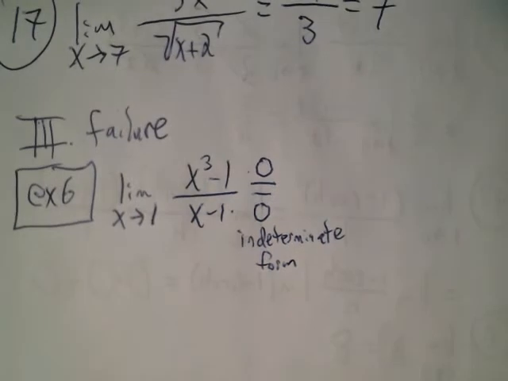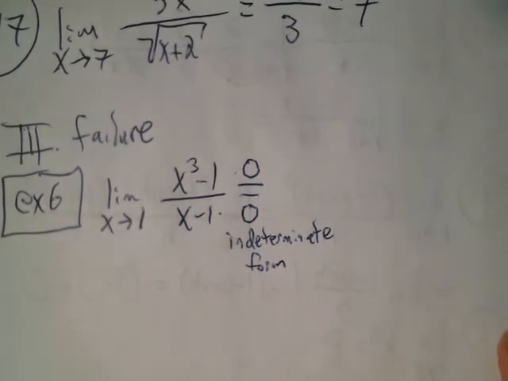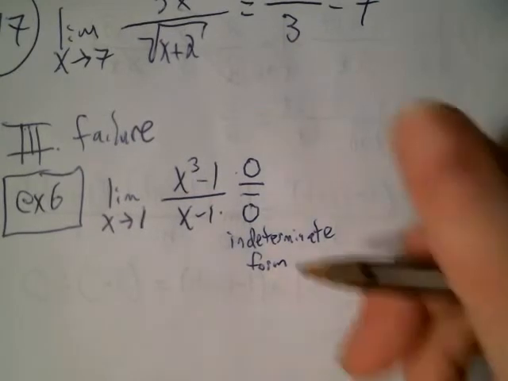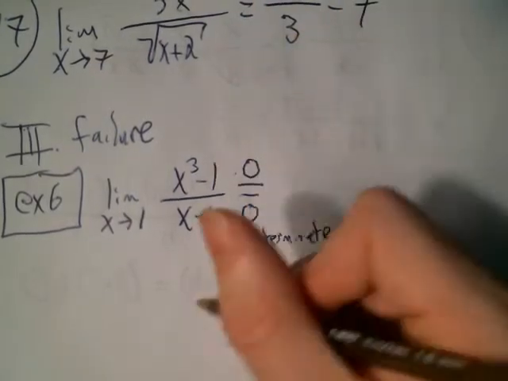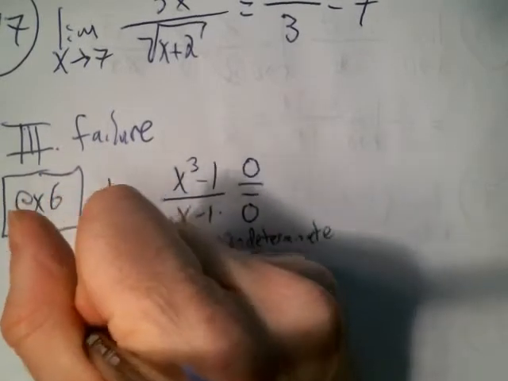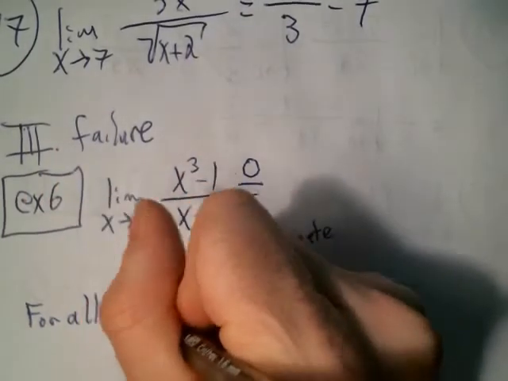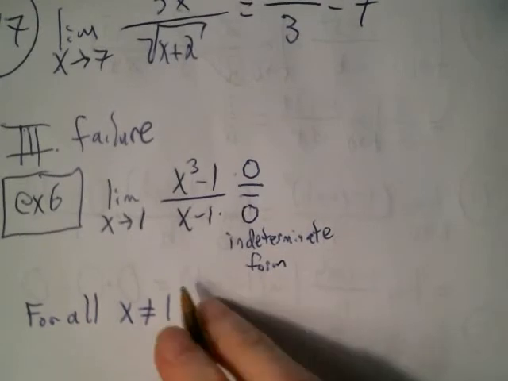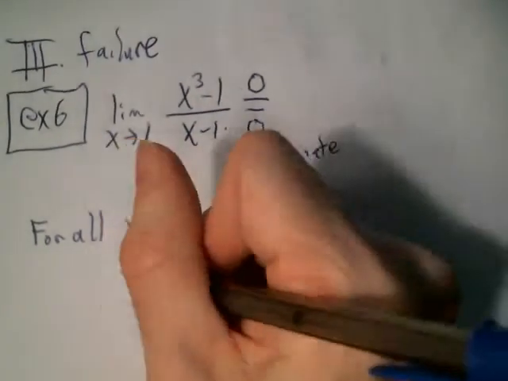You'll study those more extensively in Calc 2. Here we give you some algebraic workarounds. Okay, so we note for all x not equal to 1, we can reduce this expression algebraically.